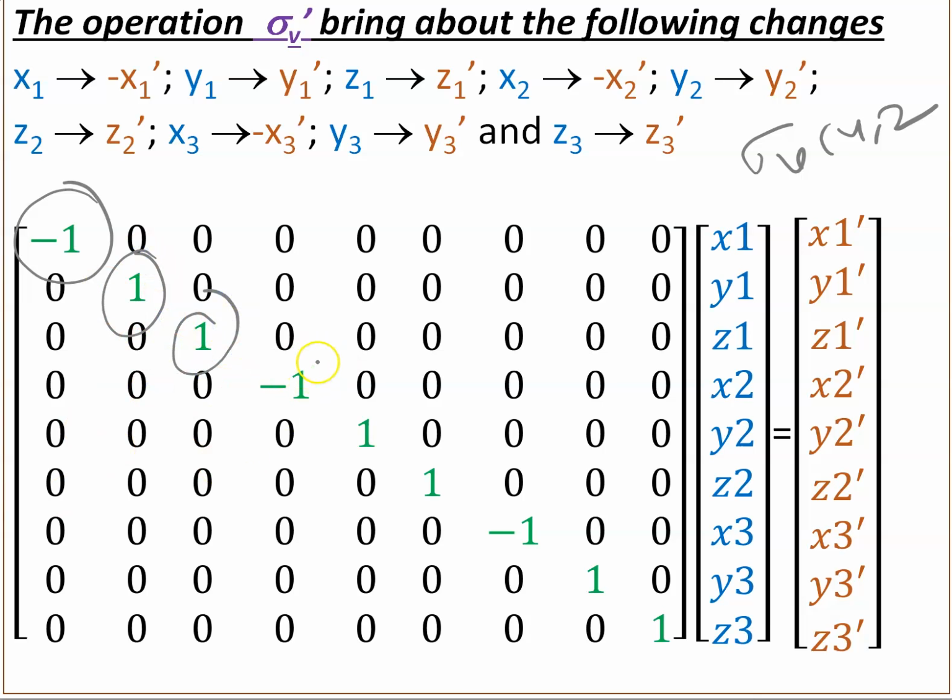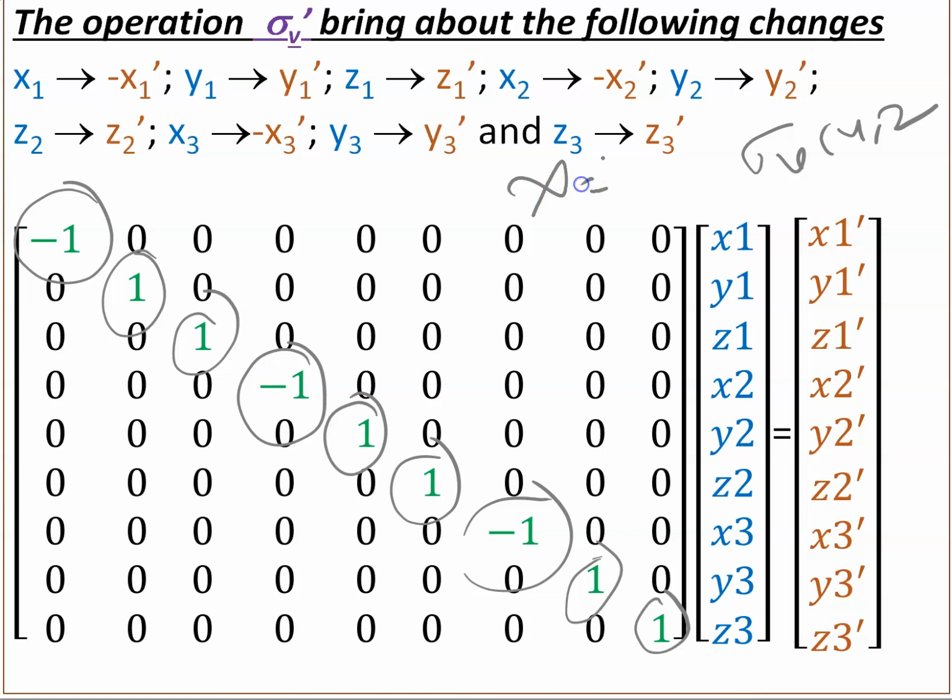Again X2 minus 1, Y2 1, Z2 1, X3 minus 1, Y3 1, Z3 1. So the character is equal to 3 minus 1, 6 ones, so 6 minus 3 is equal to 3. Character of sigma v dash is equal to 3. Okay.